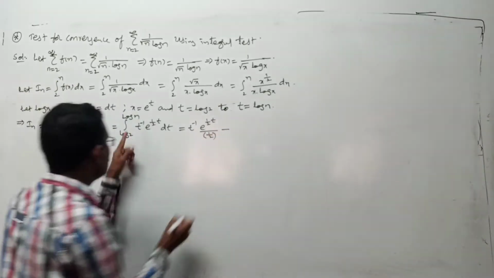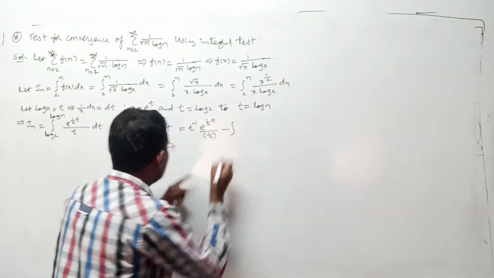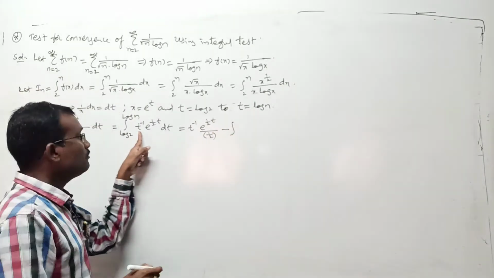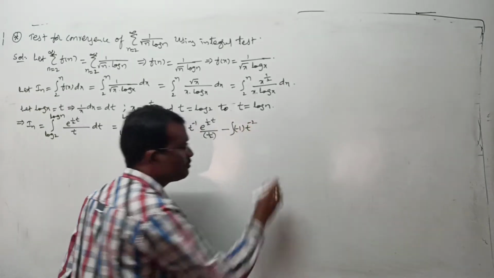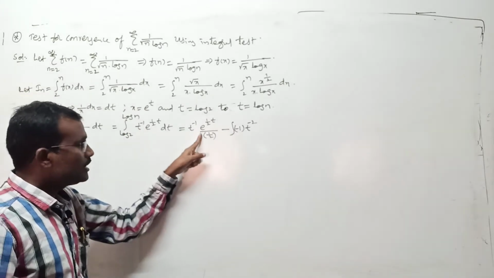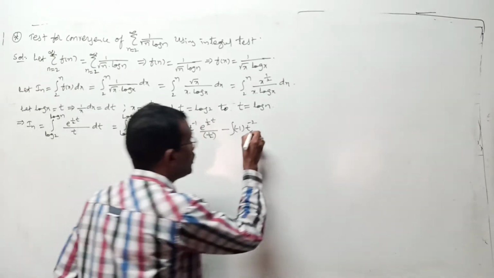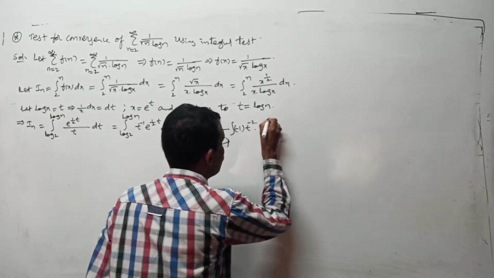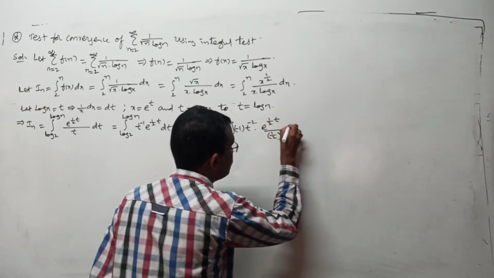Minus, this is u integral v value minus the integral of the derivative of u. The derivative of t inverse with respect to t is minus 1 into t power minus 2, into the integral of v, which is e power 1 by 2 t whole by 1 by 2, dt.